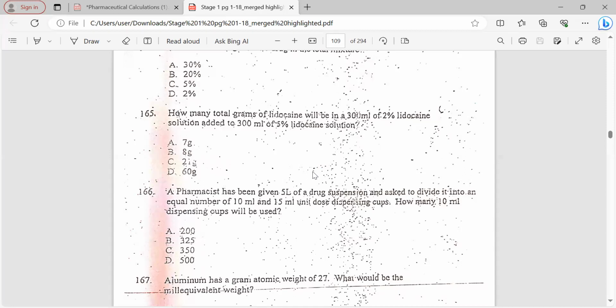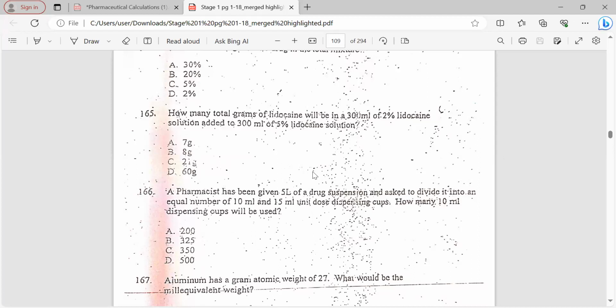So 2/100 times 300, that is 6. Alafu 5%, so 5/100 times 300, hiyo inakuja 15. 15 plus 6, unapata 21 grams, I mean.